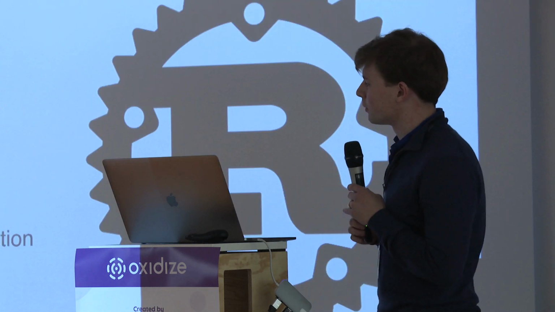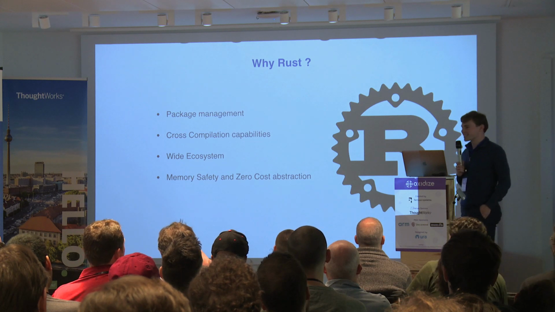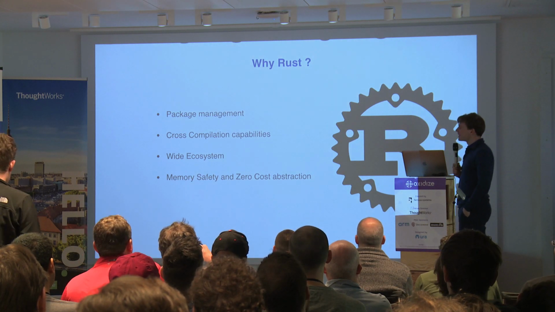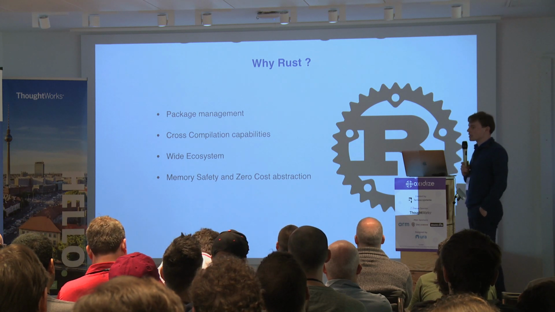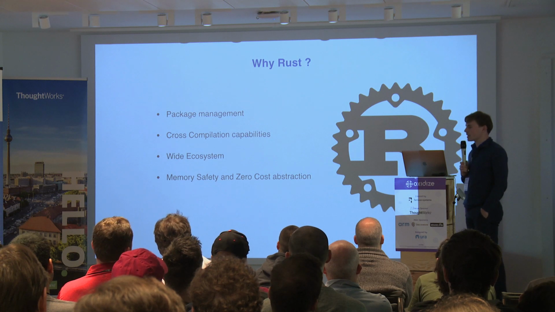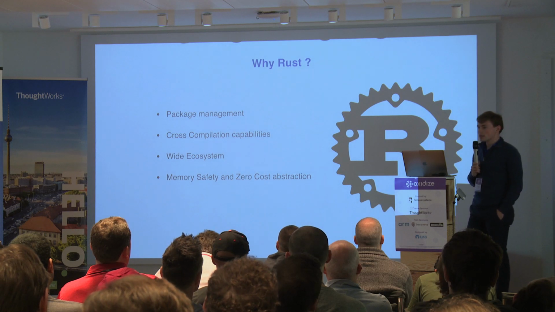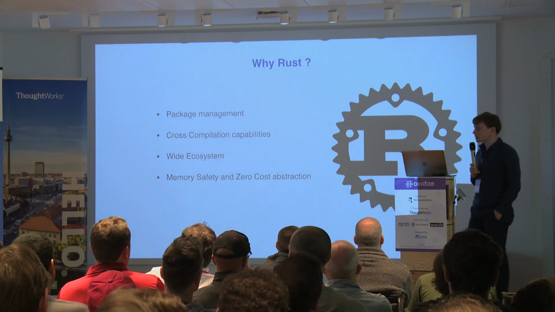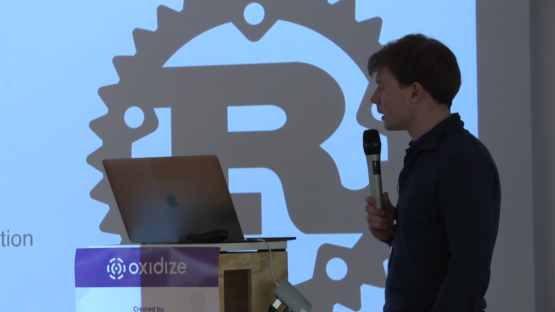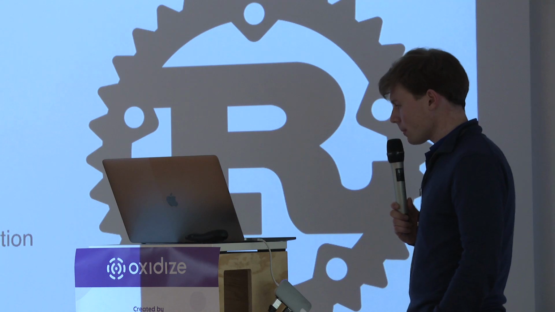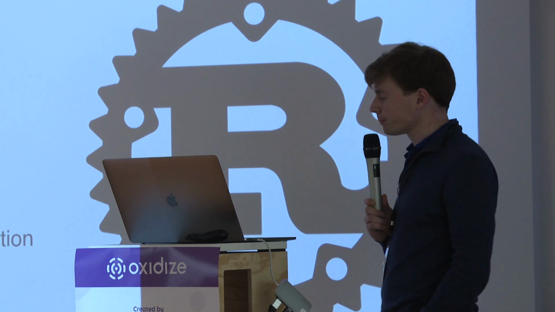So why Rust? I don't need to say anything about Rust because everyone is convinced by it. But a few things: Rust has an awesome package manager and cross-compilation features that make development very easy. It also has a wide ecosystem of crates that you can build on top of, that lets you build new tools and new features, and also guarantees production quality.